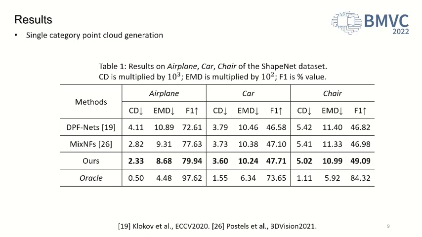In this case, all the models are trained and tested on a given single category, and for each 3D point cloud, we sample 2,500 points to ensure comparability with prior work. It can be observed that our method achieves the best performance in terms of the evaluation metrics CD, EMD, and F1 score.